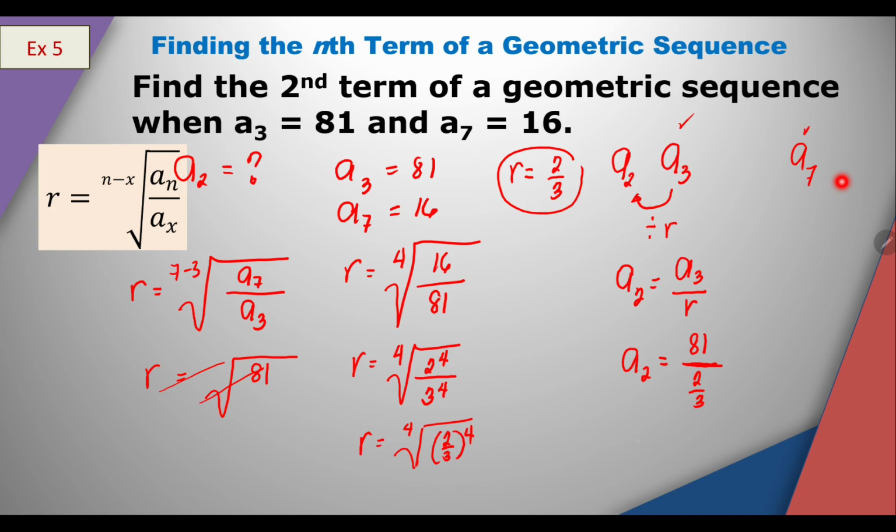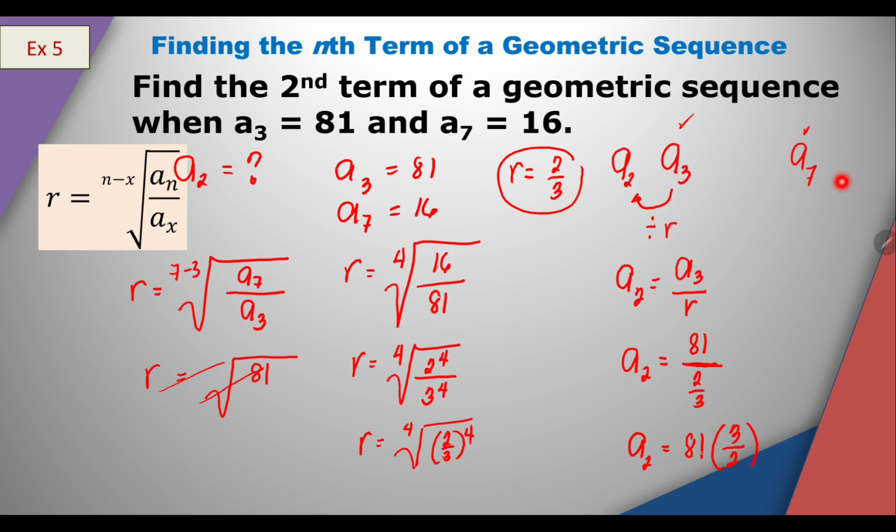So how do we solve for a sub 2? Again, dividing fractions, easy as pie. Flip the second and multiply. So I have gotten the reciprocal of 2/3 to be 3/2. And can I divide 81 by 2? Obviously not.